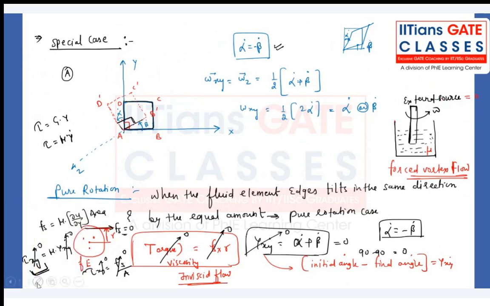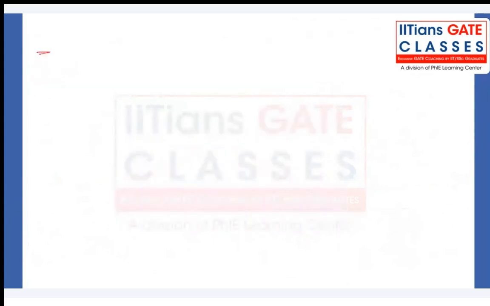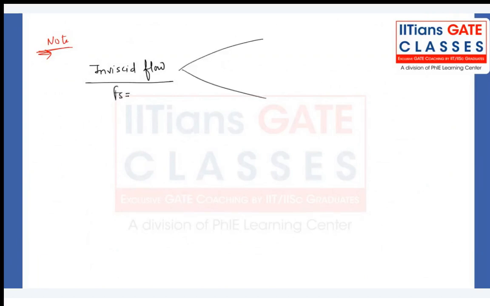So what we can write here, we will make one general statement. Make a note of this. Inviscid flow means shear force will be zero and internal torque will be zero, or viscous torque will be zero.